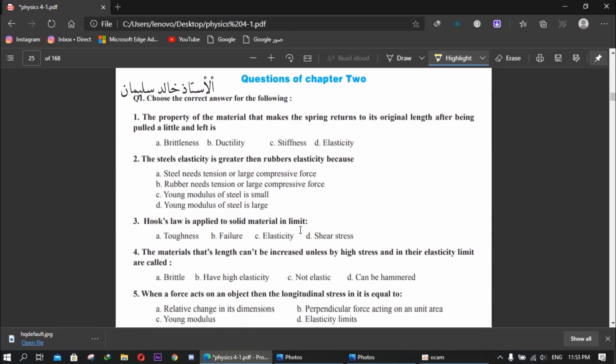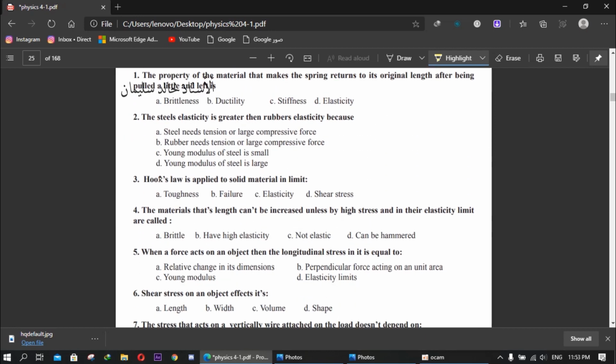Now we have some questions. First question, number 3. Hooke's law is applied to solid material in the limits of elasticity.